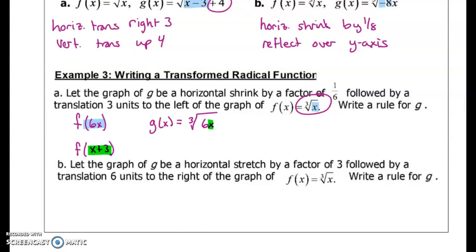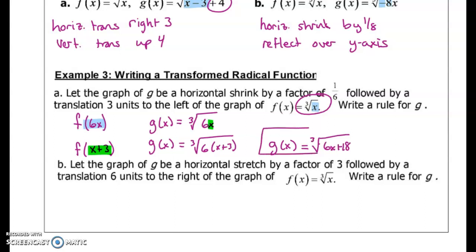So I'm going to take that equation and plug in x plus 3. So I have to watch because since I'm replacing the x with x plus 3, I need to distribute. So my final answer is g of x equals the cube root of 6x plus 18. And that is going to be my equation for g of x.